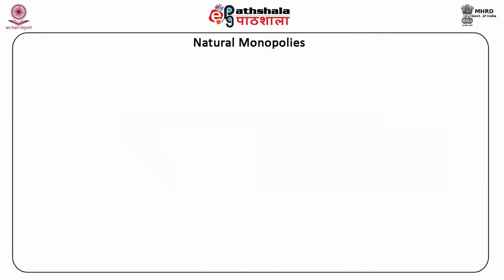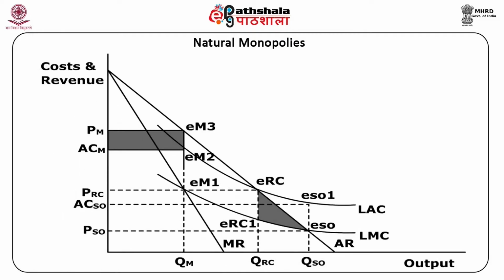In case of natural monopolies, Figure 1, the long-run average total costs (LAC) keep falling as a result of economies of scale associated with larger output, and the long-run marginal cost (LMC) is always below the average total cost.